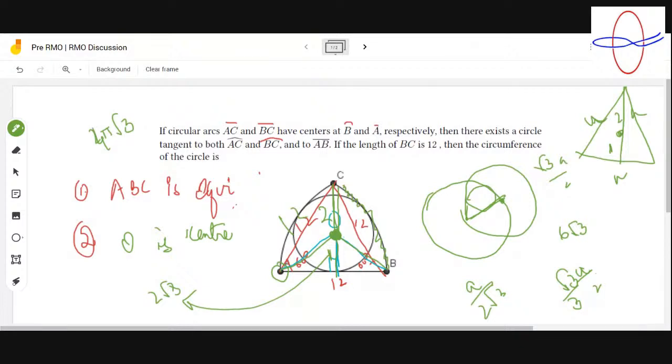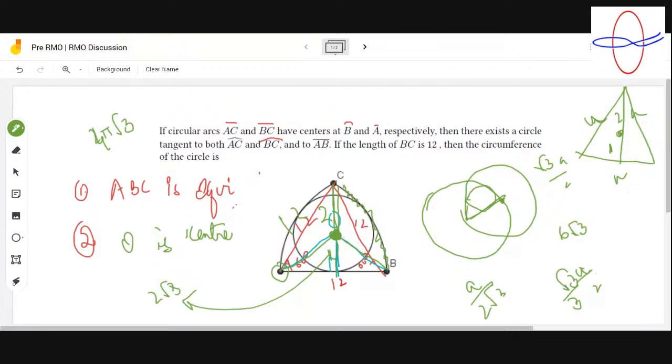The idea is that ACD and the congruence of AOD. No, what I'm trying to prove is that the perpendicular from C to AB passes through the center of AB.